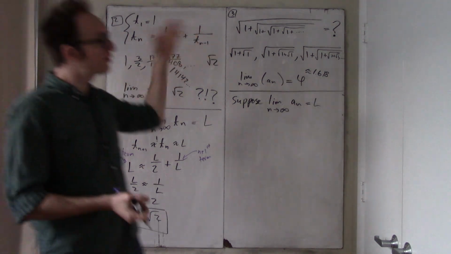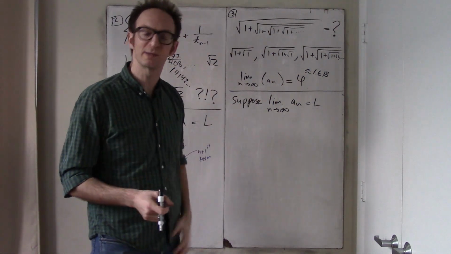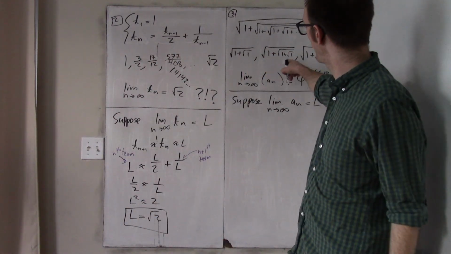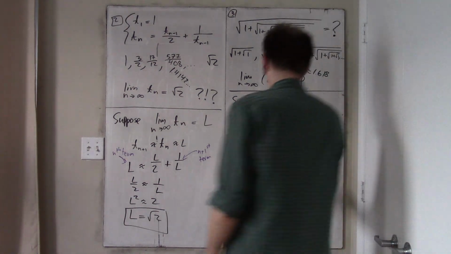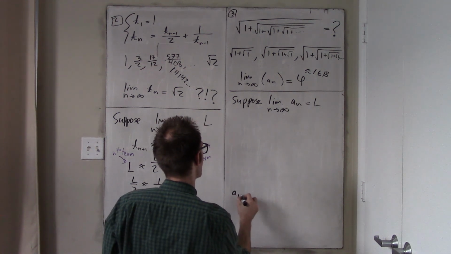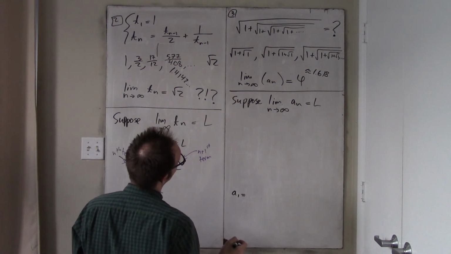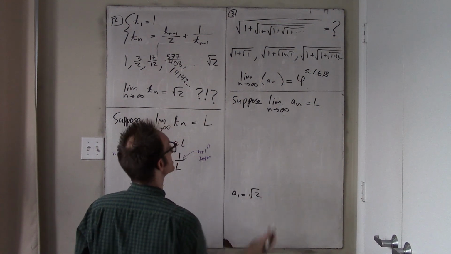Why? Because if you go out far enough in the sequence, then the terms are going to be barely distinguishable from each other. And so, how do you get from one term to the next? I probably should have written this already. The first term of this sequence, to write it out a little bit more carefully, is just root 2.